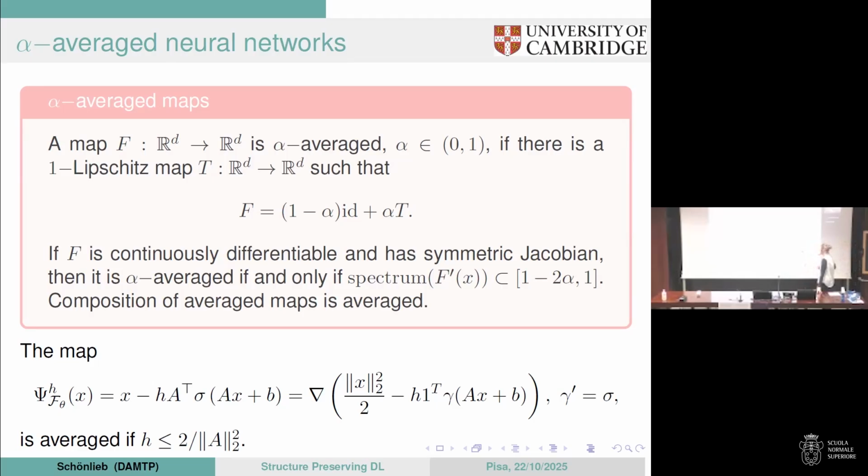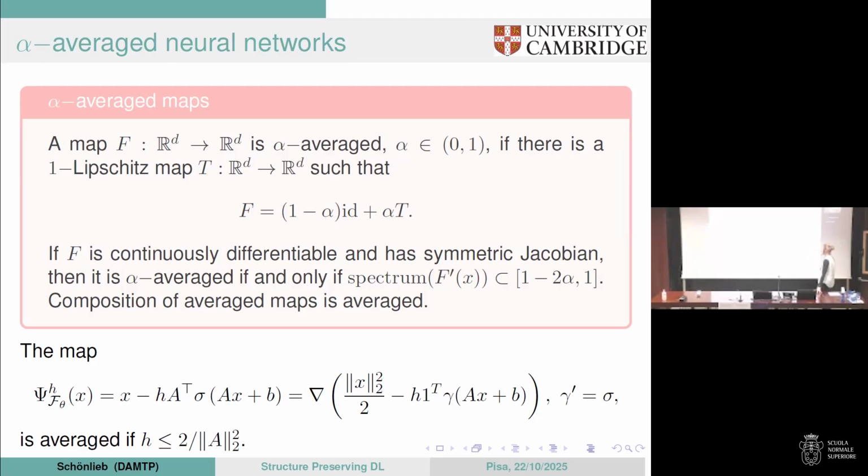You can again easily impose this by looking at your Euler approximation of the dynamical system, first writing it in terms of the Jacobian of this function, and then imposing the right properties on its spectrum by constraints on gamma and the step size h.